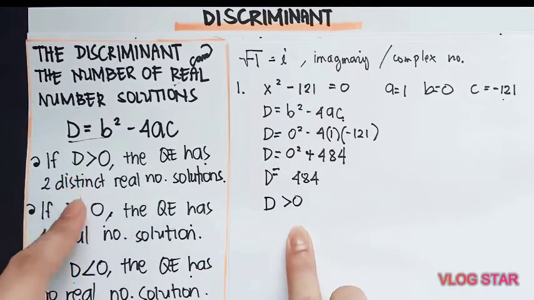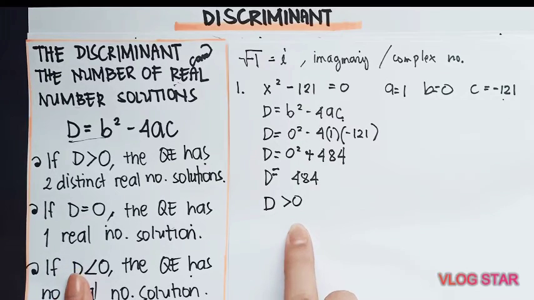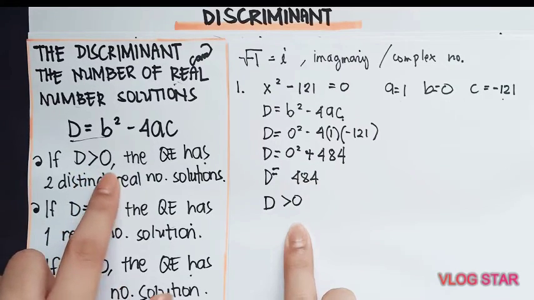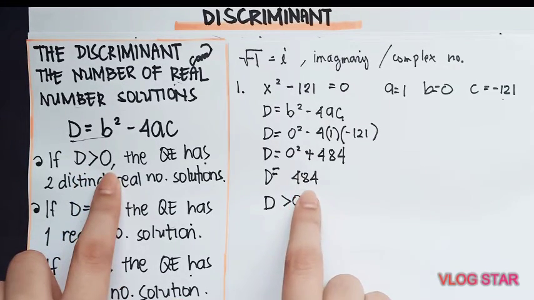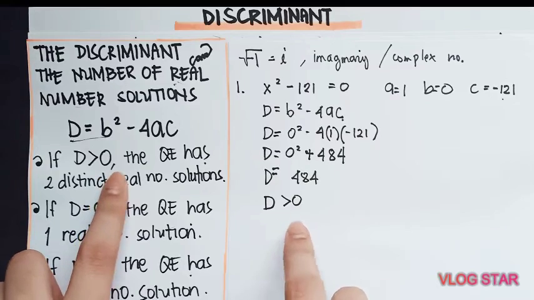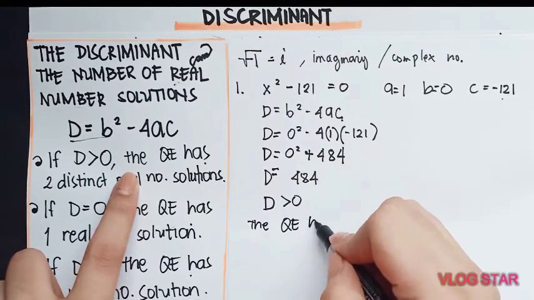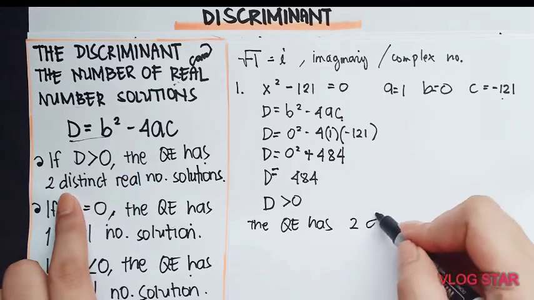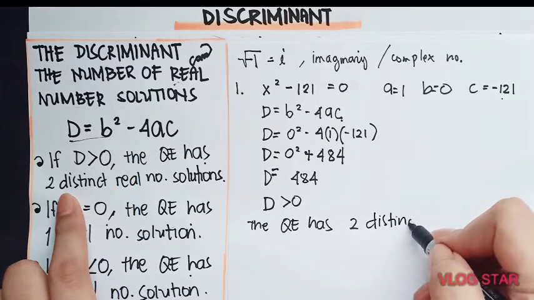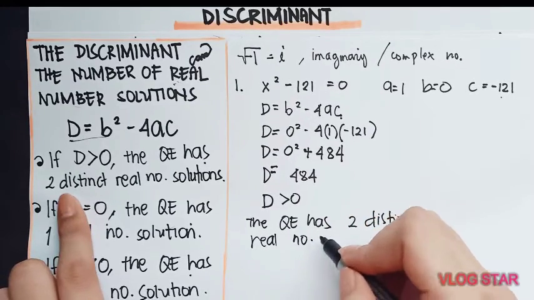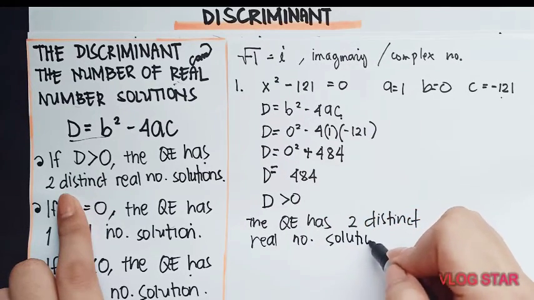So which among these three conditions will be the basis of our answer? We'll have this one. And since the computed discriminant value is positive or greater than 0, it means that the given quadratic equation has two distinct real number solutions.